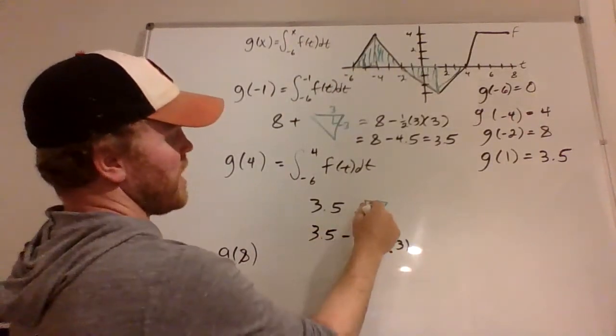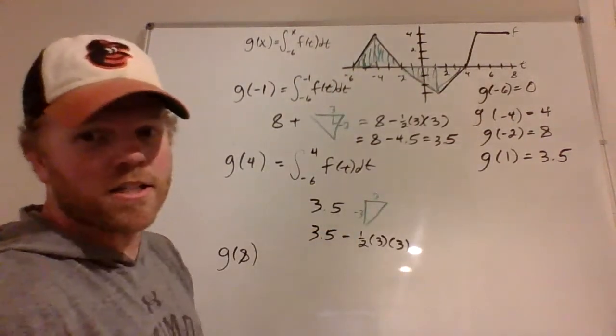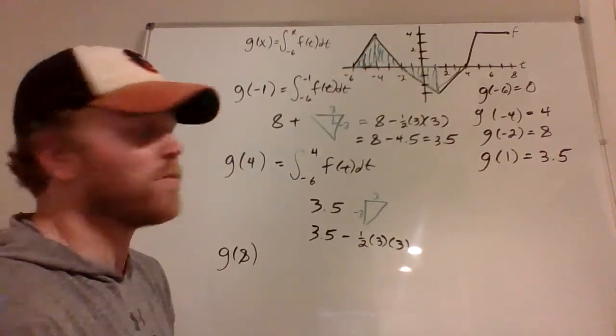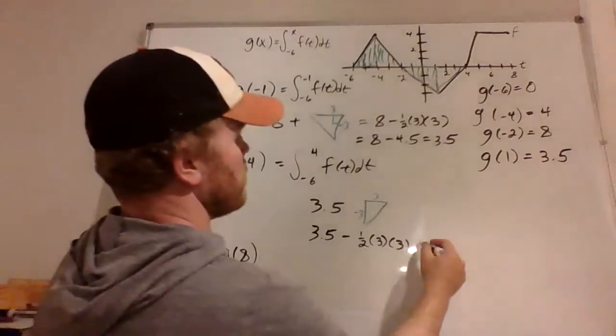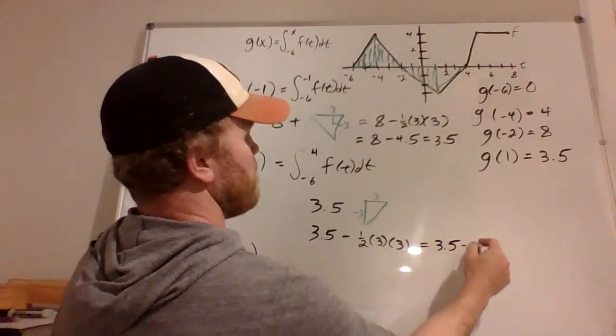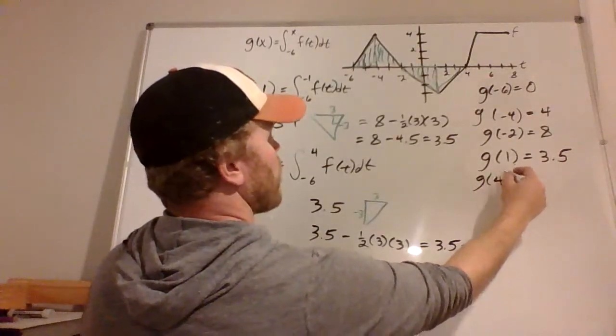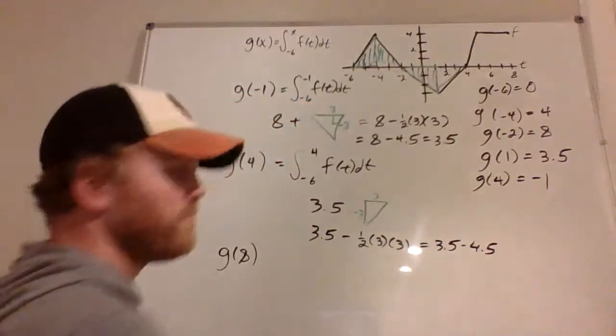You don't really need to assign the base positive or the height positive and the base negative and the height negative. Just when it's supposed to be positive, make it positive, and when it's supposed to be negative, make it negative. So this winds up being 3.5 minus 4.5, so g of 4 winds up being negative 1.